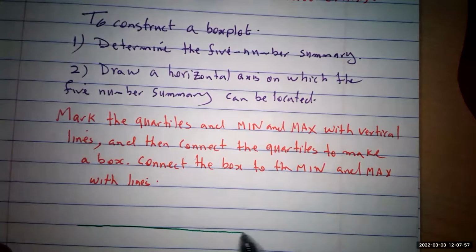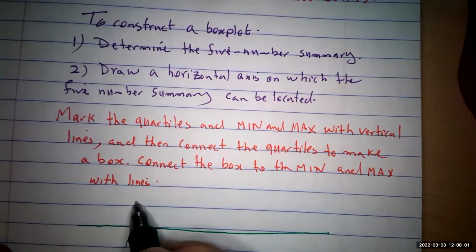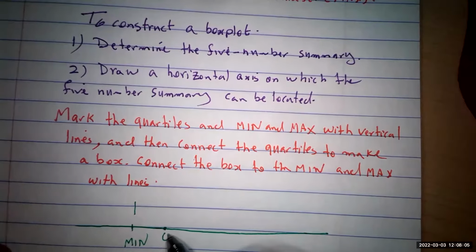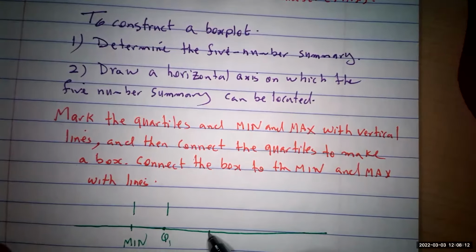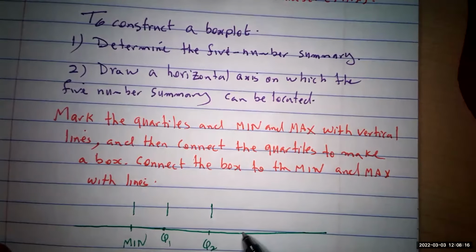Okay, if you want, I give you another one here. That's the minimum. You get the line on the top. That's Q1. You get the line on the top. Suppose this is Q2, the line on the top. And suppose this is Q3, the line on the top.